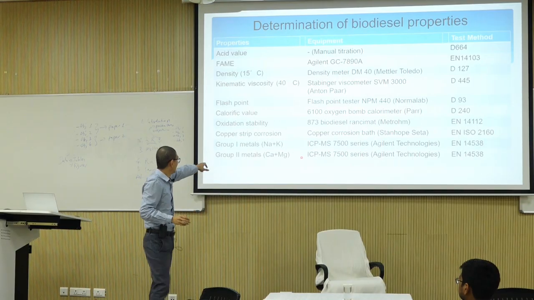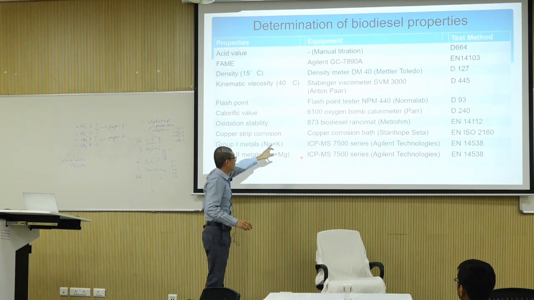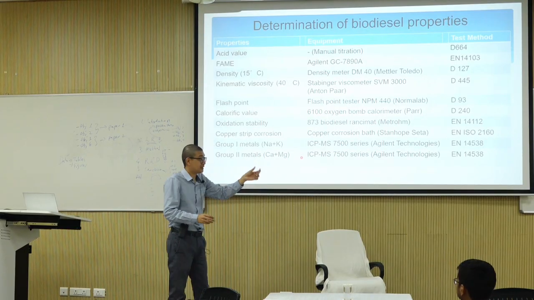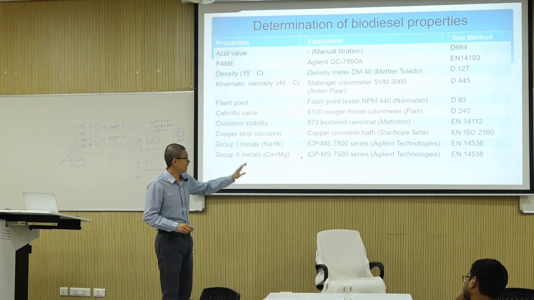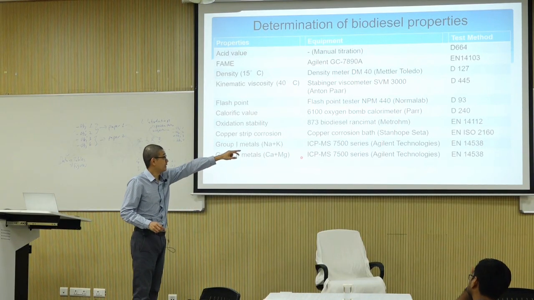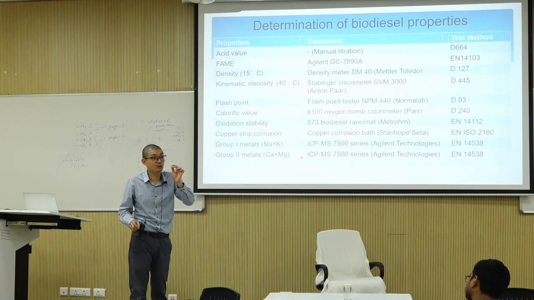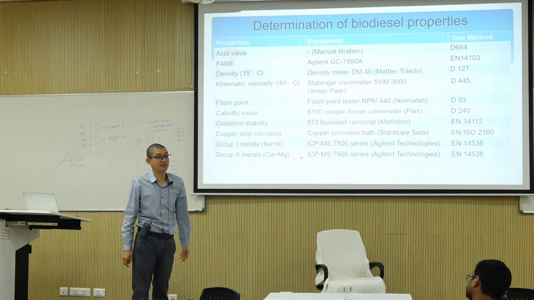So copper corrosion is to see the corrosion level of that fuel. This is one of the properties in the EN standard, but it is not a very crucial property. It's one of the properties only.